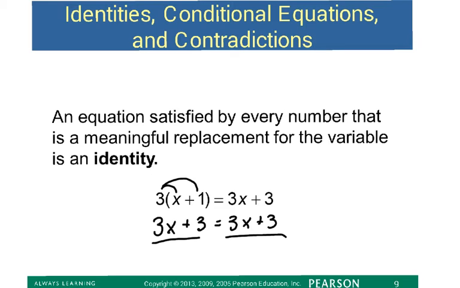Okay? And in identities, one thing I want to state is the solution set is always going to be all real numbers. And we'll denote all real numbers, the set notation of all real numbers, just like this with this funny looking R. Okay. Next one.